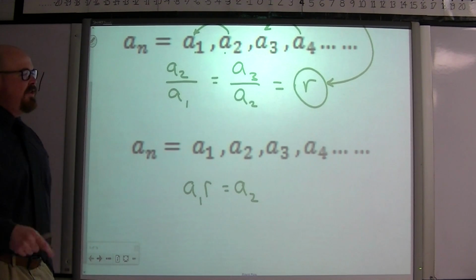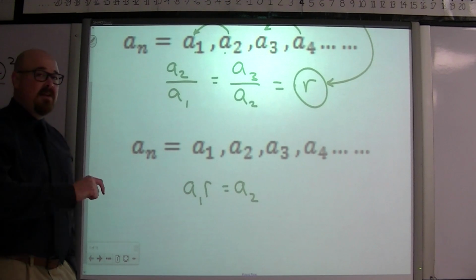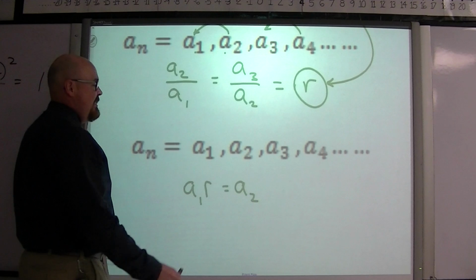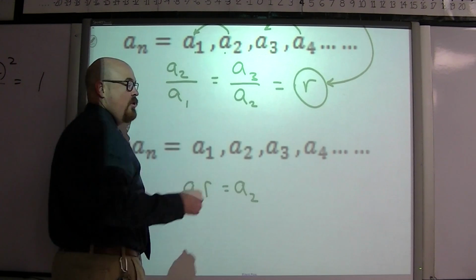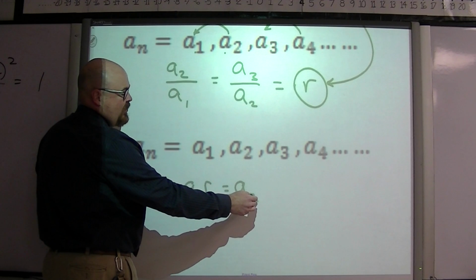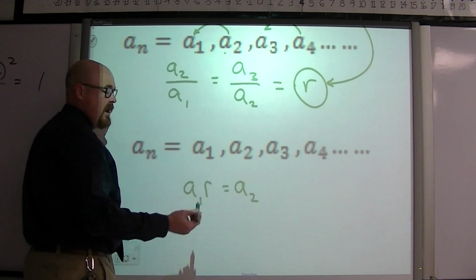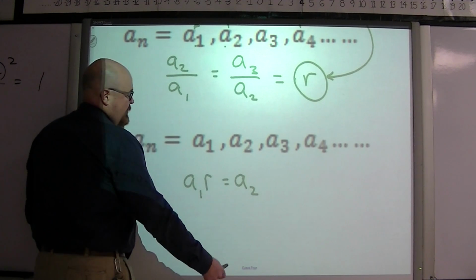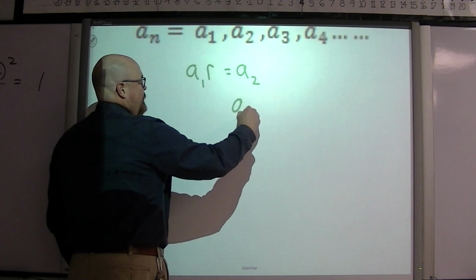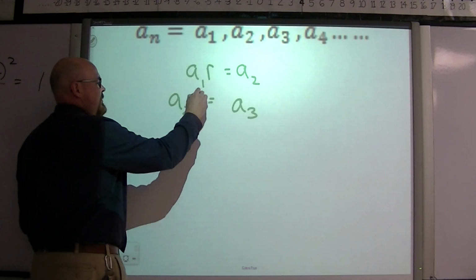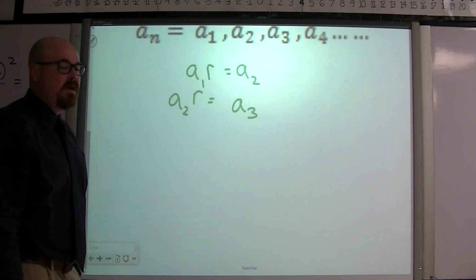Now there's this other thing that we're going to see a lot and it's going to be very useful in geometric sequences, and that is if I wanted to jump terms, so to speak, right? A2, the second term in the sequence, is the first term times the common ratio, right? So see if you can follow this for a second. That would mean that the third term would be the second term times the common ratio.